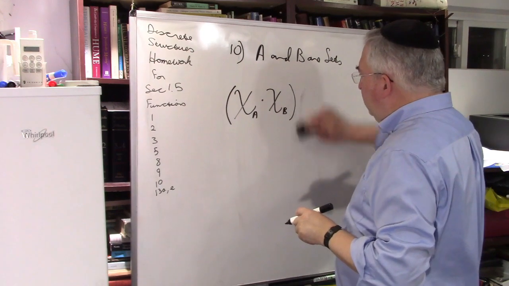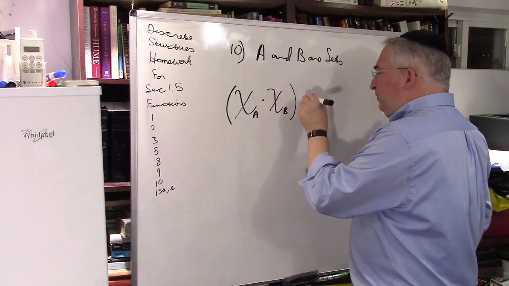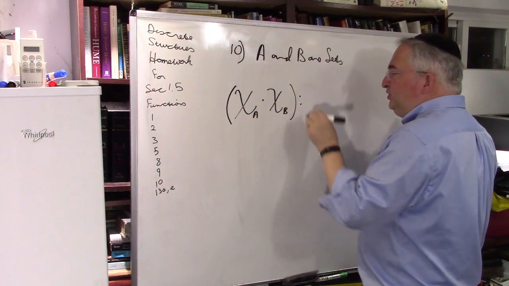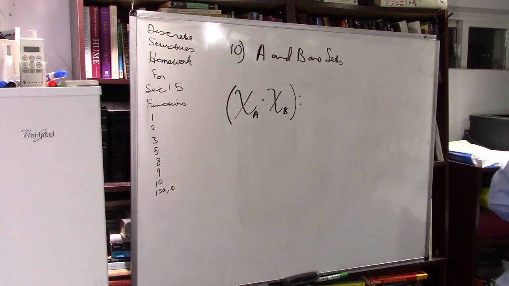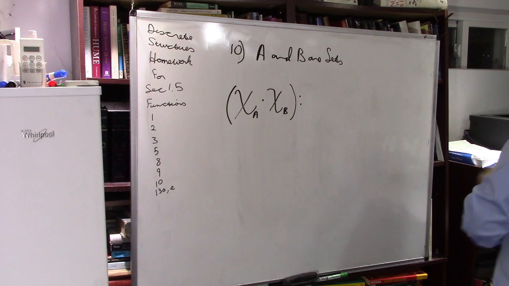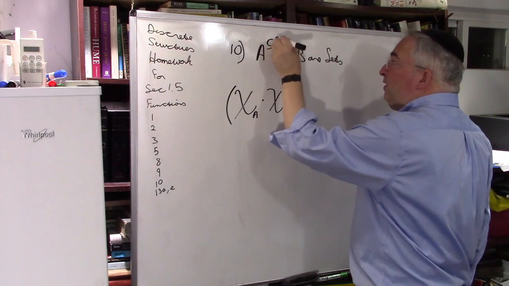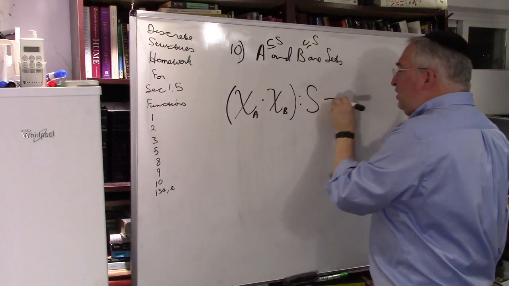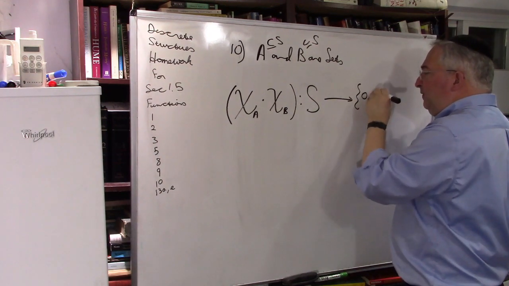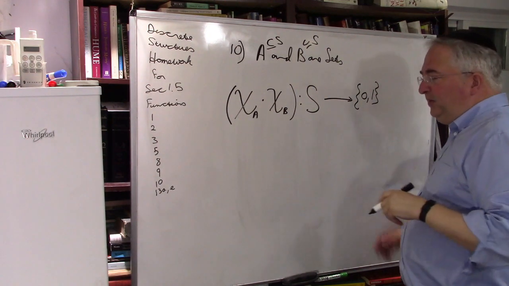Let me tell you what it is first of all, before I tell you what it means. It's a function also from some universe. These are both subsets of S. So this is a function from S to the set 0, 1. Now I've got to tell you what it means.